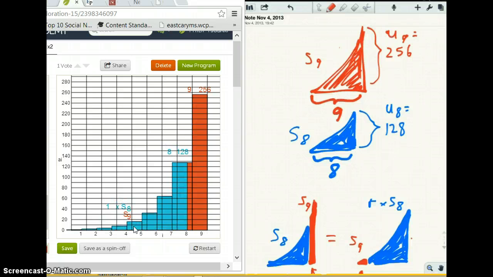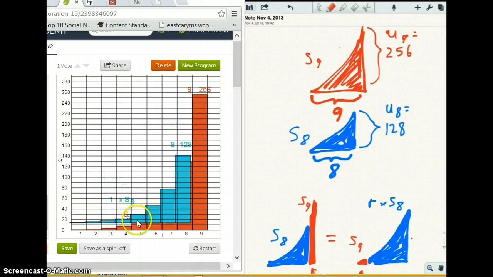So if you look to the right, there are some drawings here, and it basically shows that the red bars kind of make a curved shape, and the width of them is 9, as you can see, and the height is the 9th term, which is 256. And the blue curve is 8 wide, and it has a height of 128. Okay, so we can see that in the notes here on the right.